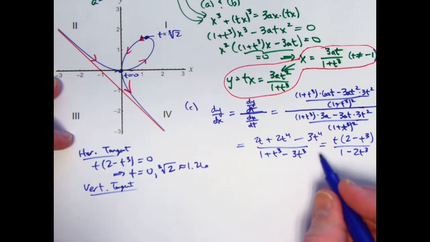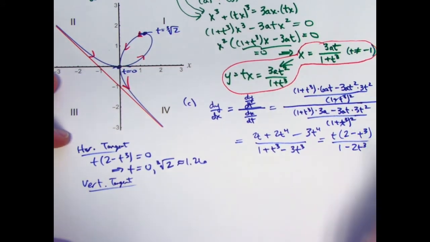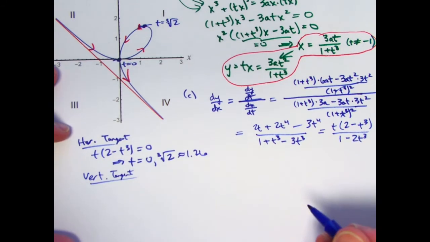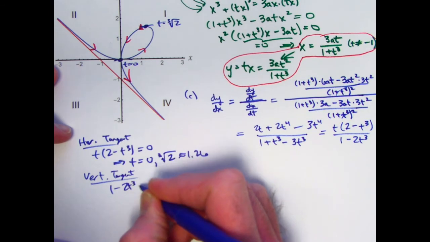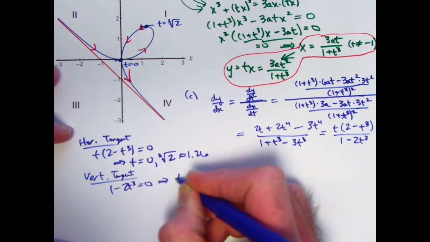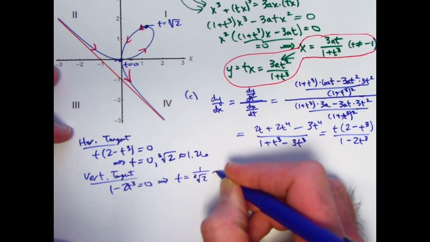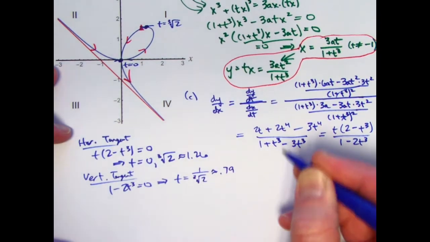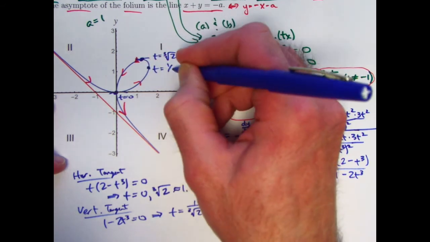For a vertical tangent, it's going to be where dy/dx is undefined, where I'm dividing by 0, as long as it's not at the same value of t where the top is 0. So set the bottom equal to 0 and solve for t, and you're going to get t is 1 over the cube root of 2, which turns out to be about 0.79. Right there, t is 1 over the cube root of 2.